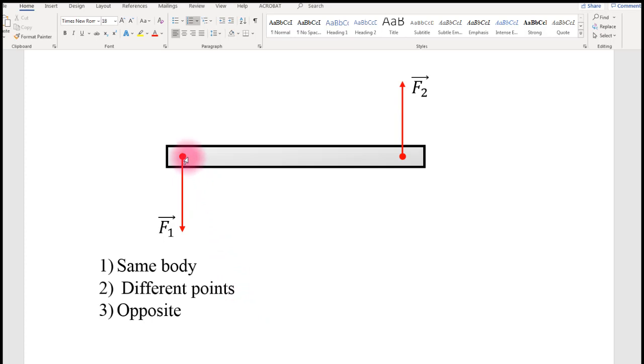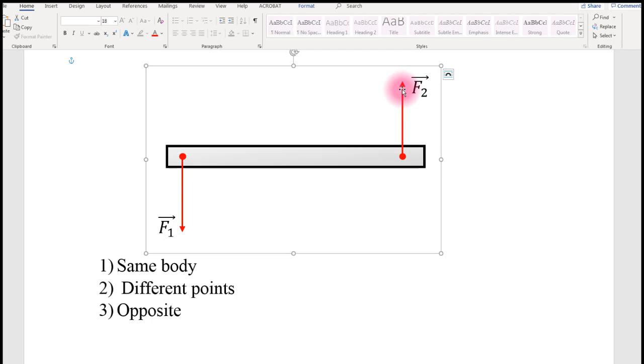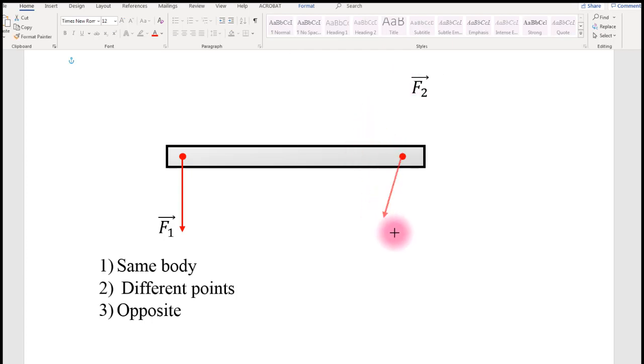That means if one force is acting in the downward direction, then the second force must act in the upward direction. If the two forces are acting in the same direction, like this, then it cannot be called a couple.